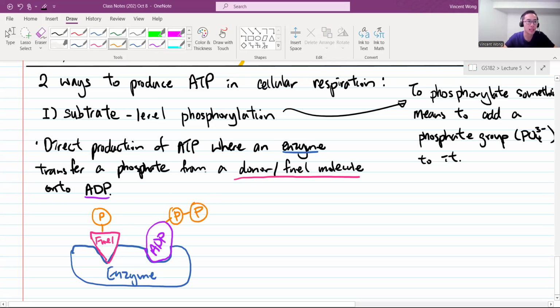I told you that before. And it needs to be recharged. Right? So what the enzyme does is take the P from the fuel and add it back onto the ADP. And at the end, you're going to get ATP. That's that, right? Make sense?